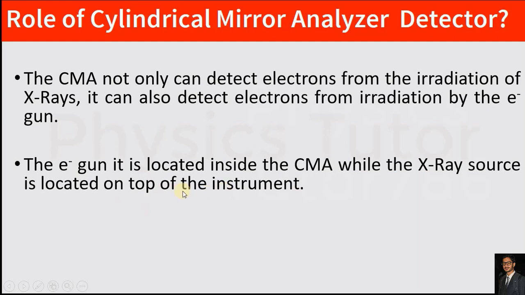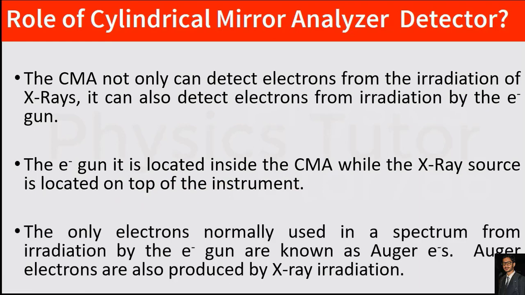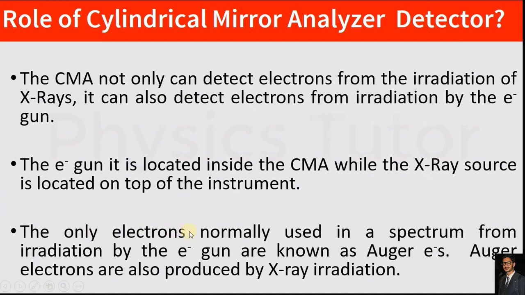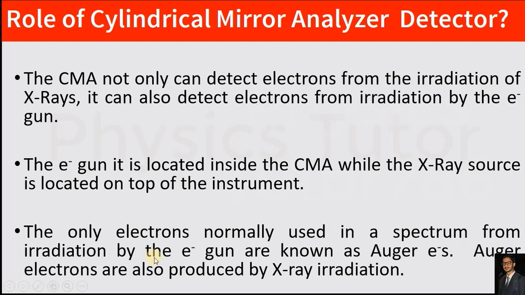This statement can be verified in the diagram we see after another statement. The third statement is, the only electrons normally used in the spectrum from the irradiation by the electron gun are known as Auger electrons. Auger electrons are also produced by X-ray irradiation.